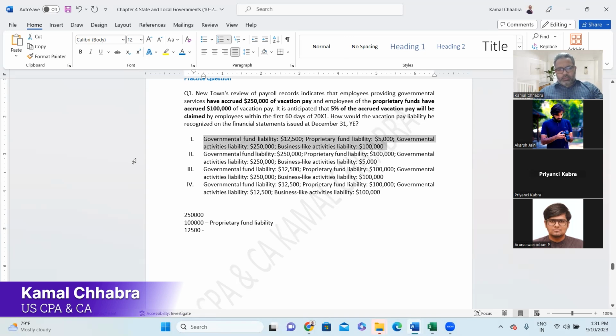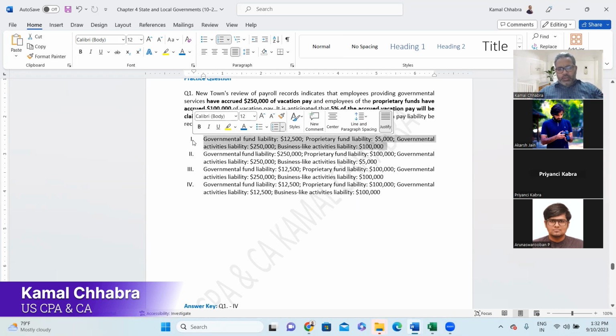Yes, because in the governmental fund liability first comes 12,500, and then the governmental activity liability is 250,000. Okay, and the business activity liability is 100,000 for the proprietary fund. That should be the answer. Yeah, so maybe I'll get back to you. I'll see this answer again and get back to you. To me this one looks like the right answer.